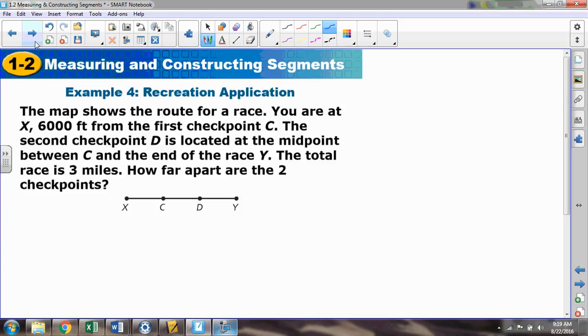So consider this, our last example for today. Here's a map showing a route for a race. You are standing here at X, 6,000 feet from the first checkpoint of C. Okay, so we'll put that down. The first segment is 6,000.